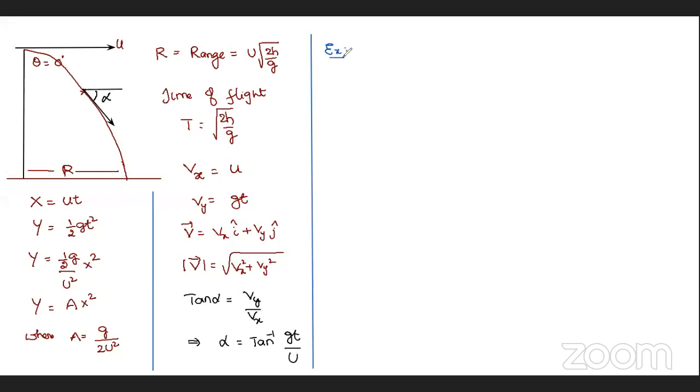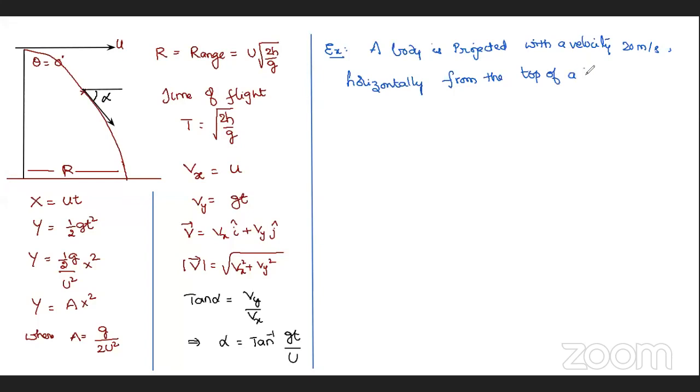Come to here. Example. A body is projected with a velocity 20 meters per second horizontally from the top of a tower of height 100 meters.